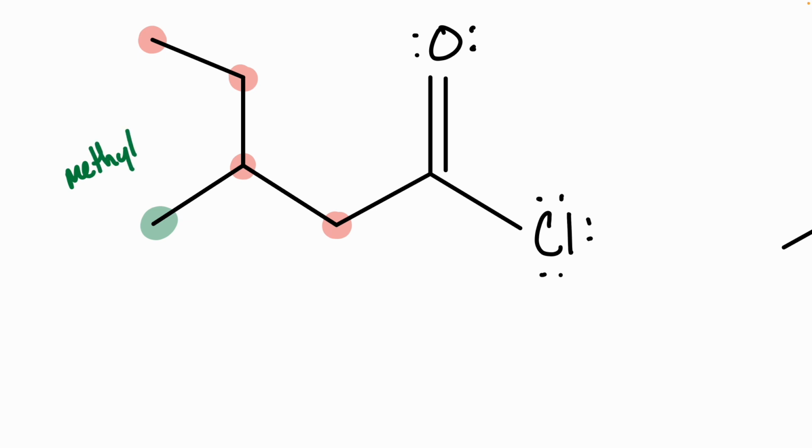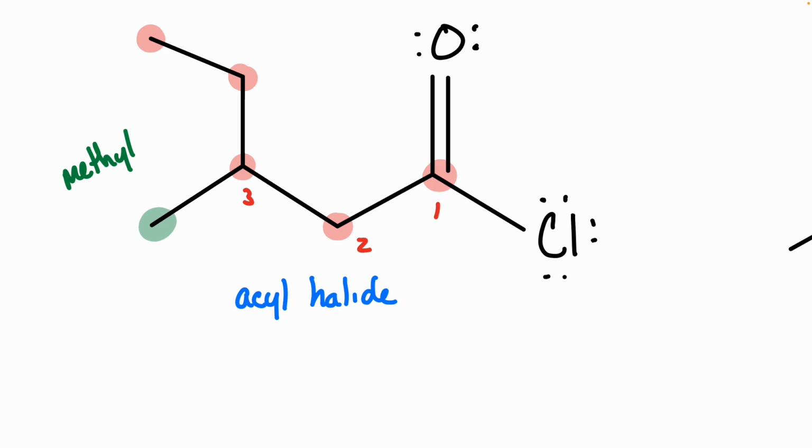All right, importantly, we learned of a lot of different functional groups here. This is what we call an acyl halide. That carbon there, sorry. When we're going to number our parent chain, remember we're always going to start with that carbonyl carbon as carbon 1.